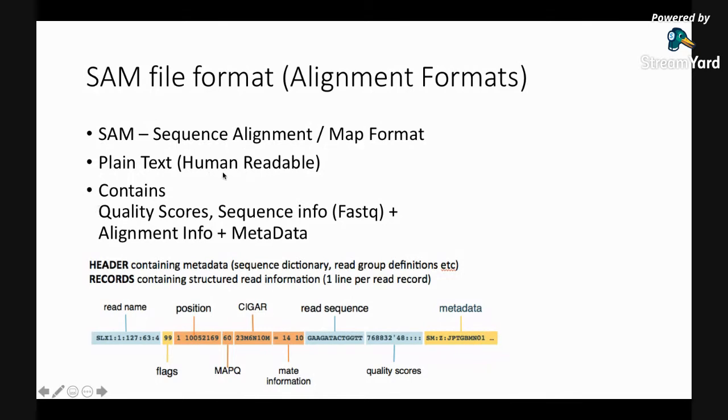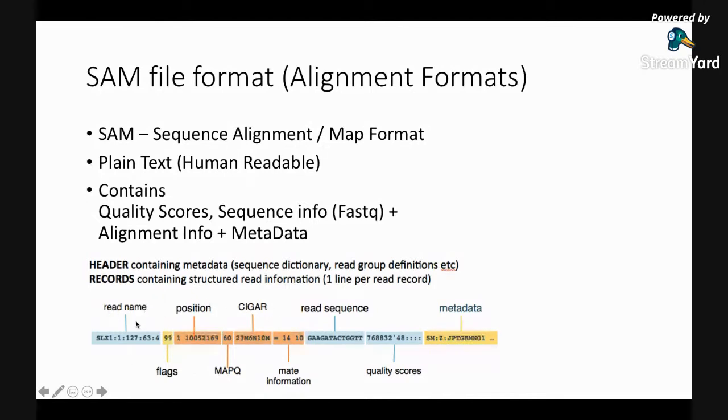And this is human readable, so you can actually open it and read it. Essentially a SAM format is very simple. It's your full FASTQ data, so your sequence data and your quality data, along with the information on alignment, where that read mapped onto the genome, and some more metadata.